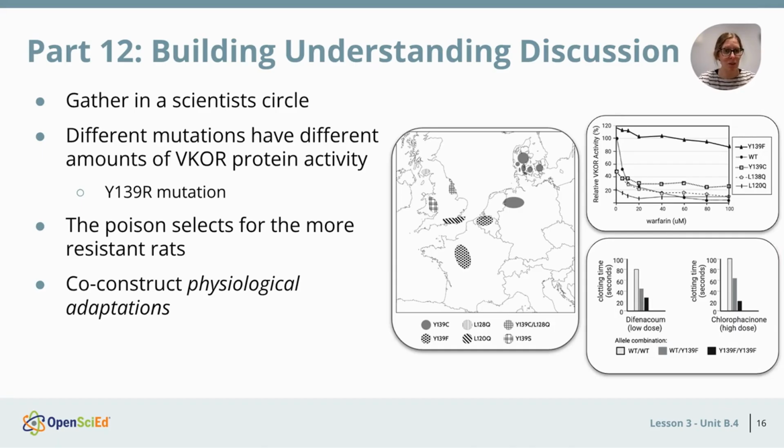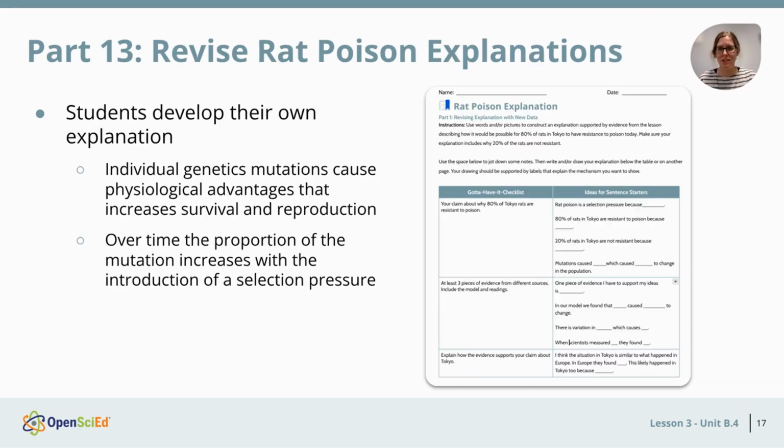And we can see in one of these graphs here that the Y13NR mutation has a much higher protein activity compared to the other mutations, which leads a lot of students to the hypothesis that this mutation is going to have a lot more resistance than the other mutations, and that over time, more rats are going to have this specific mutation. And then as a class, we will co-construct physiological adaptations.